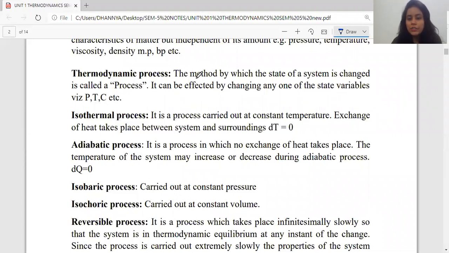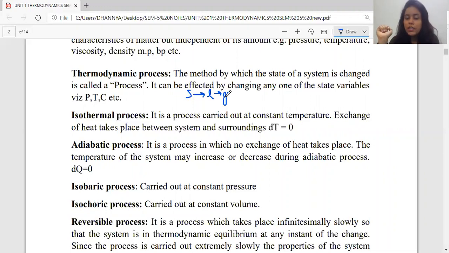The simplest way of understanding is, for example, if I have a solid and I'm changing the temperature conditions, the solid is going to get converted into liquid and this liquid is then further converting into what? Gaseous substances. So what exactly I'm doing is entirely changing the state of the system, and this change of the system is called what?